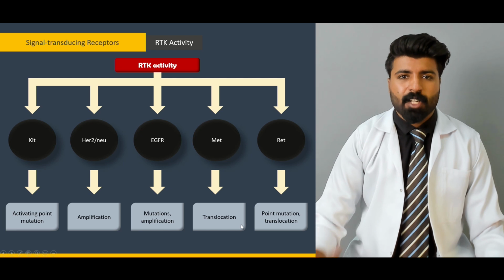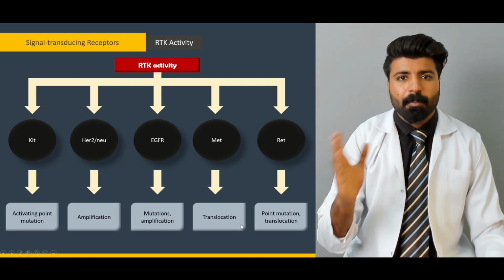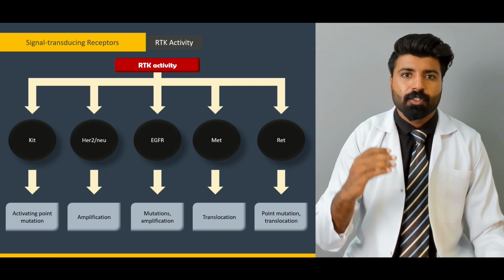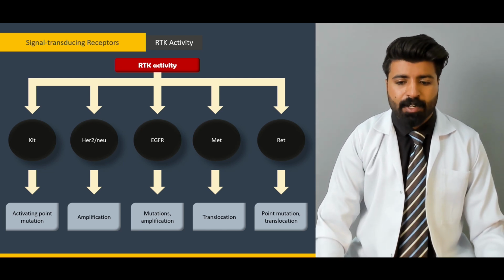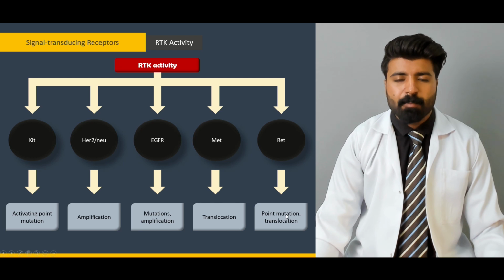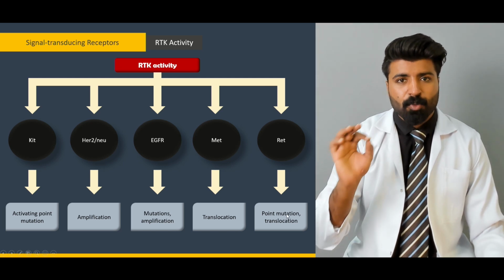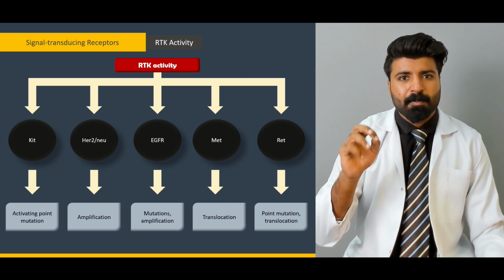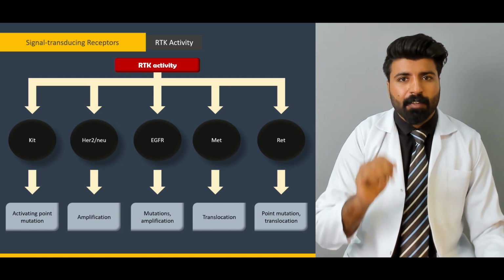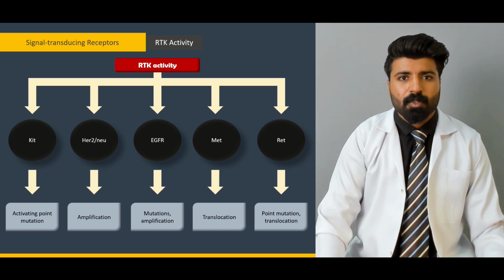In translocation, it has been translocated with the other part. Maybe that part was non-active and now it's active, and this part was active and now it's non-active. Then we have point mutation, where a point is mutated and then translocated. It's not the same, but it's been translocated with the other one. So the activity depends on where it has been translocated.